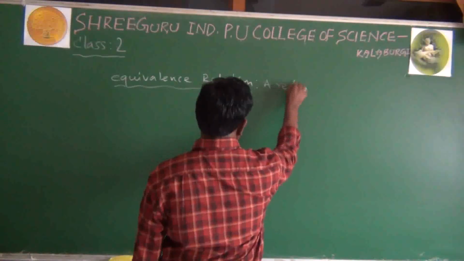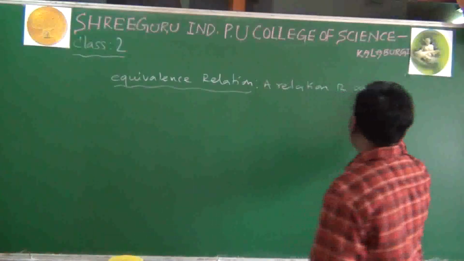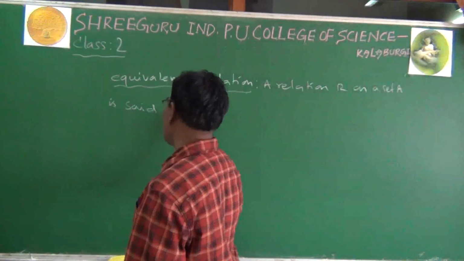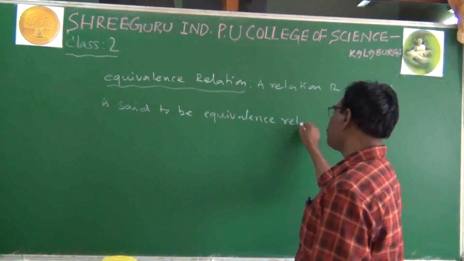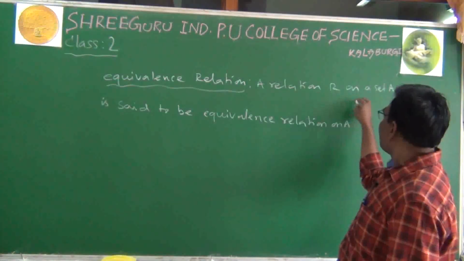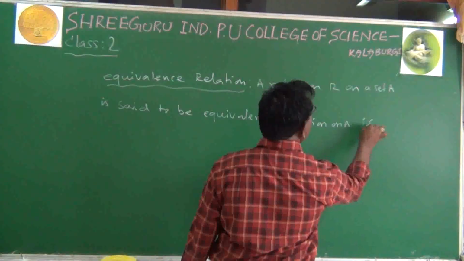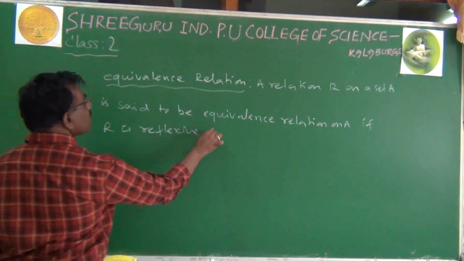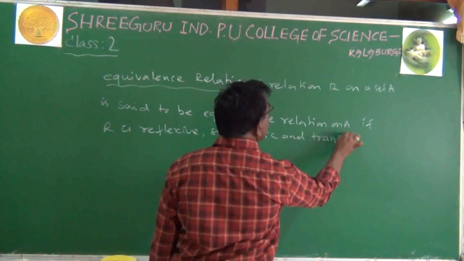A relation R on a set A is said to be an equivalence relation on A if R is reflexive, symmetric and transitive.